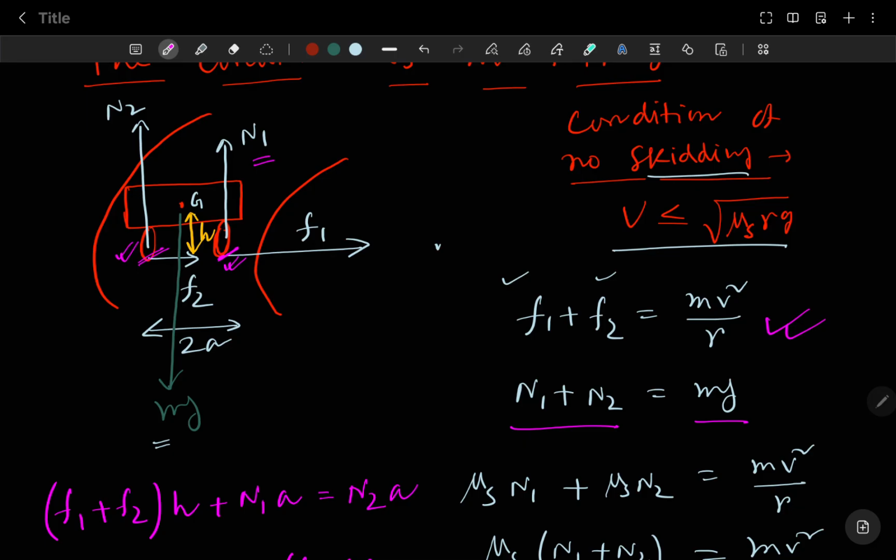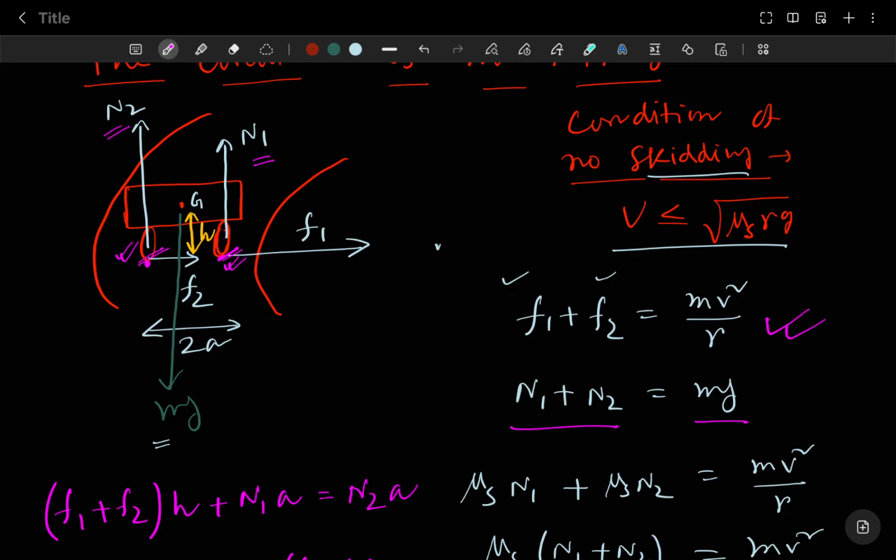On this wheel it is never 0. But if the normal reaction on this wheel is 0, that means this wheel is losing contact with the ground. So this wheel is in the air. So you can understand, when this happens, the car will topple about the other wheel, the left wheel. When the right wheel is in the air, the car will topple about the left wheel.